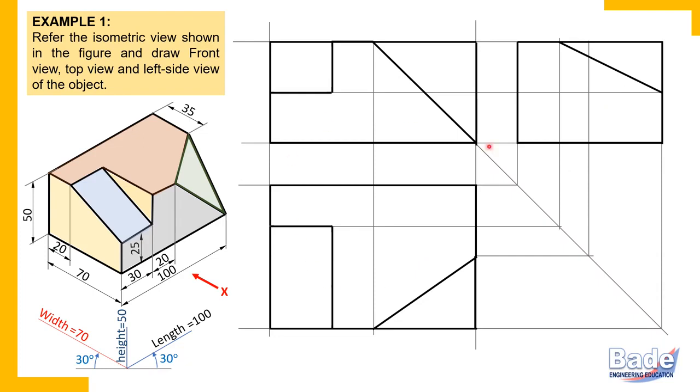So this is how we have completed views of the object. Now what approach we use to complete this diagram? We checked principal surfaces and principal edges. Principal surfaces and principal edges. And taking help of that, we have completed the diagram.